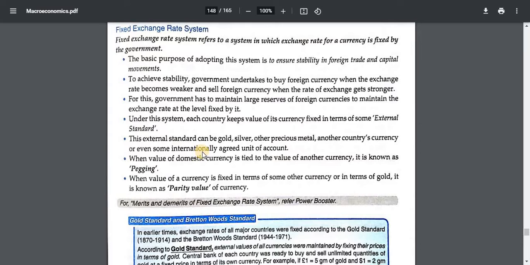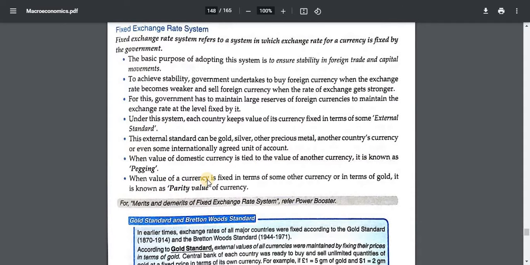This external standard can be gold, silver, another precious metal, another country's currency, or even some internationally agreed unit of account. When the value of a domestic currency is tied to the value of another currency, this is known as backing.